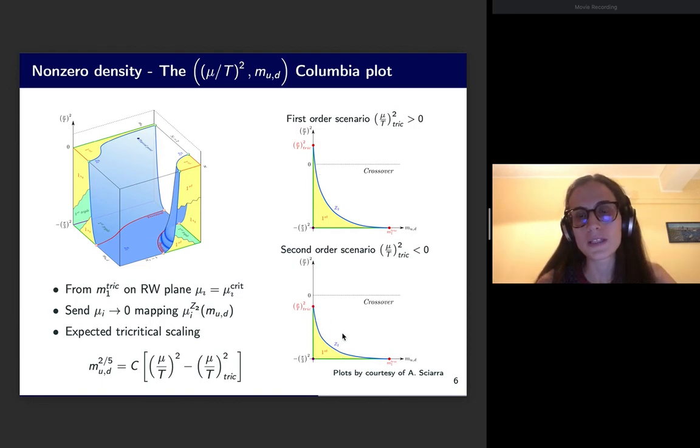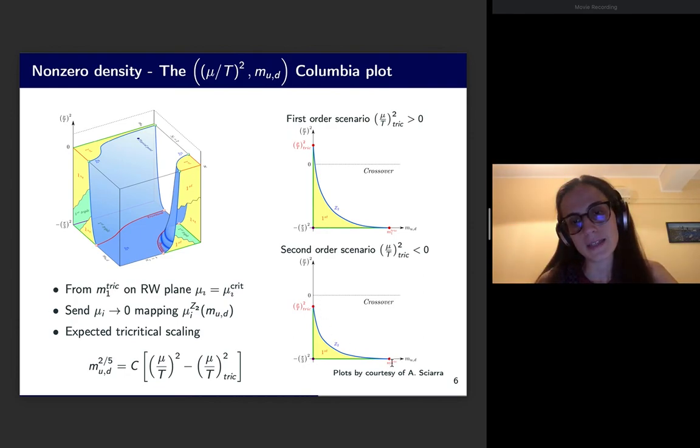Going up also means going towards smaller and smaller masses. And what one knows is that at some point towards the chiral limit, there will be a tricritical value also for the chemical potential. Now, this can happen to be below or above mu equals 0. And this is already telling us whether we have a finite first order region up there or not, because here you would have it and here you would not. And then one can send mu_I to 0 in simulations and map out these Z2 boundaries.